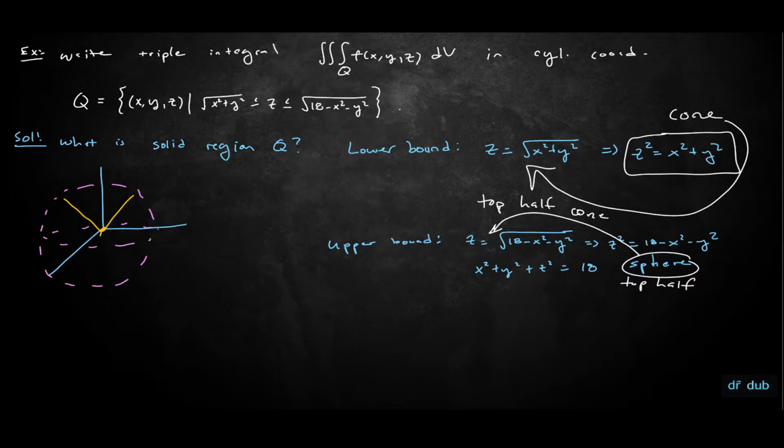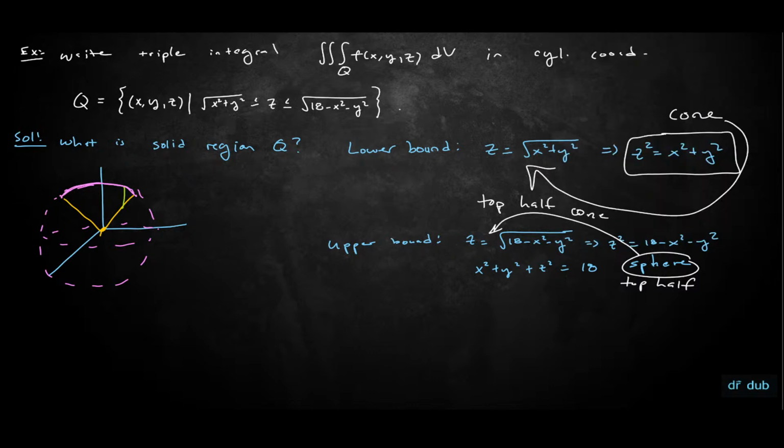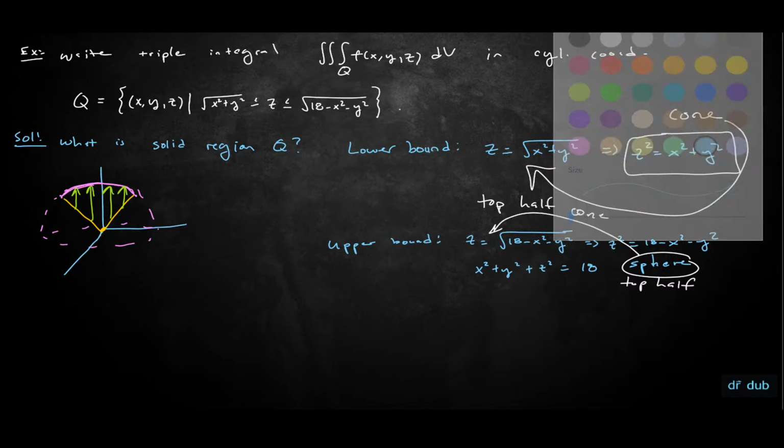We're going to be in between the sphere and the cone. So z, we're told, is ranging from the cone to the sphere. That's our region of integration. I'm going to erase the rest of the sphere. It was only the top half anyway, so I should just draw the hemisphere. That's kind of our region of integration.